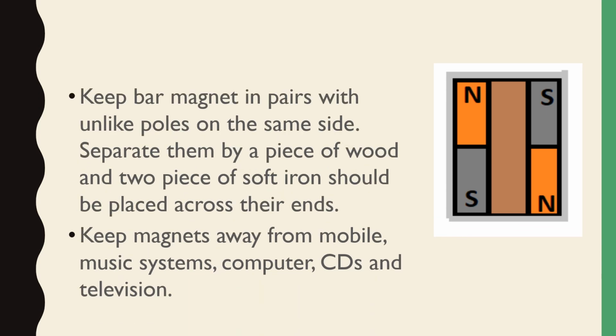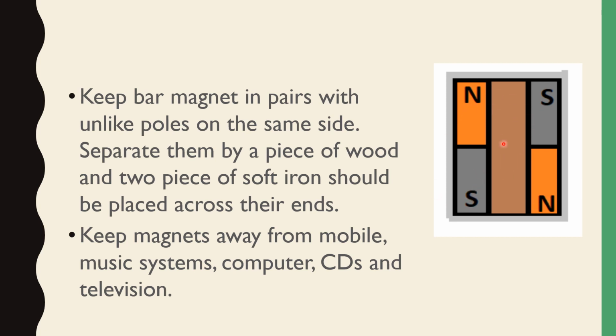Now you should keep the magnets very properly. If you're handling bar magnets, you can take a pair of bar magnets and keep a piece of wood between them, and the poles should be kept with the unlike poles on the same side. Like here is one north and here is south, here is south and north.